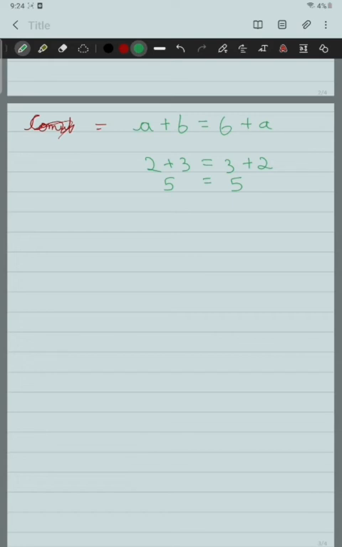Next is the associative property. Both properties work over addition and multiplication. The associative property shows a into (b into c) equals (a into b) into c. Both mean the same. We can also check this with the help of an example.